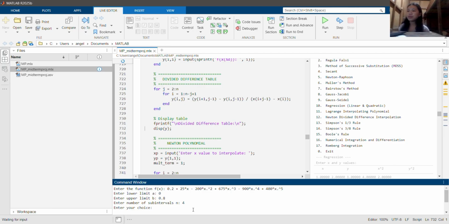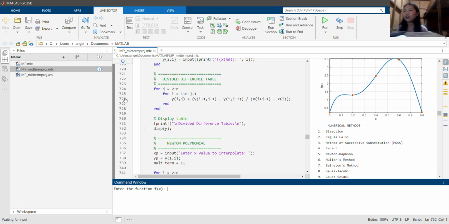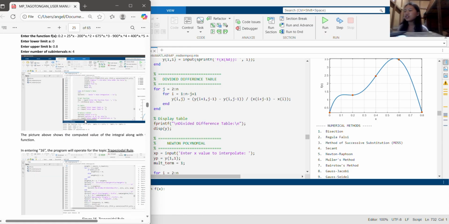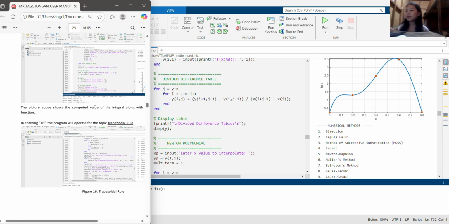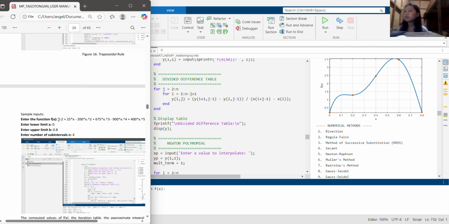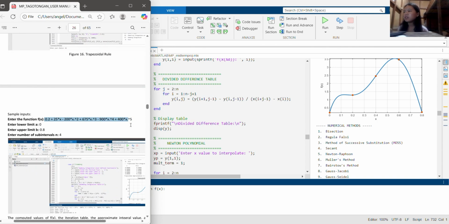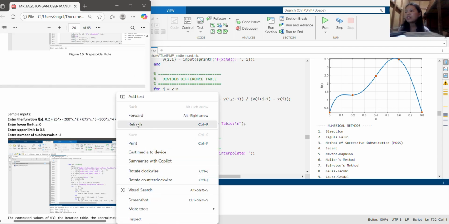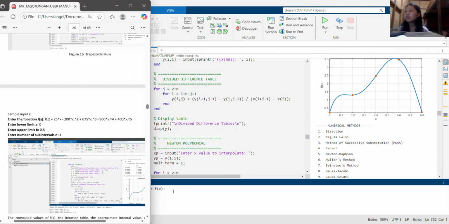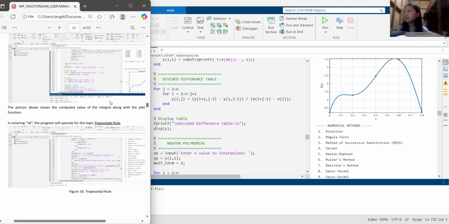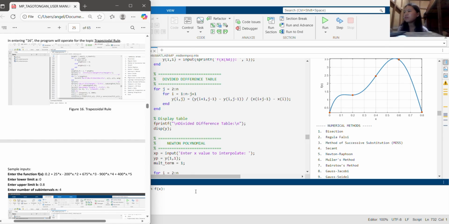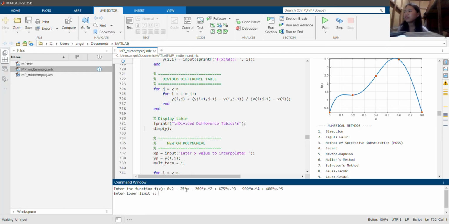Next is numerical integration and differentiation, which is number 16 in our choices. In this method, we only need the trapezoidal rule, so that's what we're going to solve for this method.